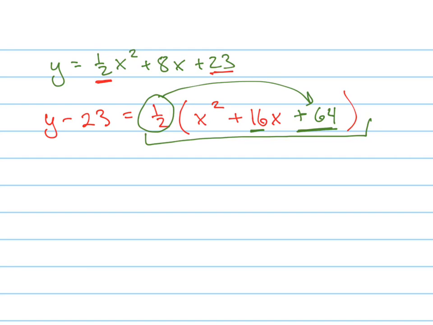So I have to add half of 64, 32, to the other side. So I'm adding 32, that's right. So my answer is y plus 9, because 32 minus 23 is 9, equals 1/2 times x plus 8 squared.